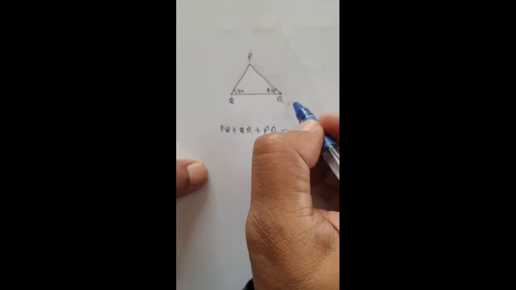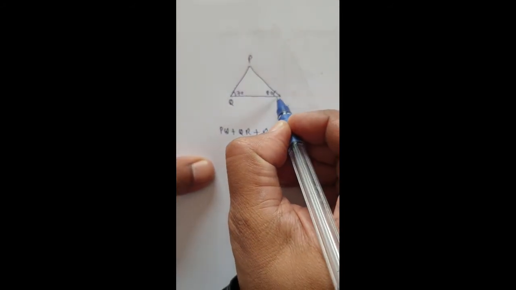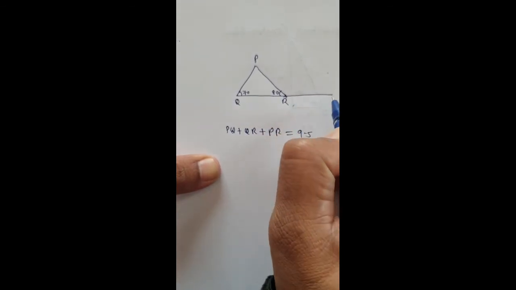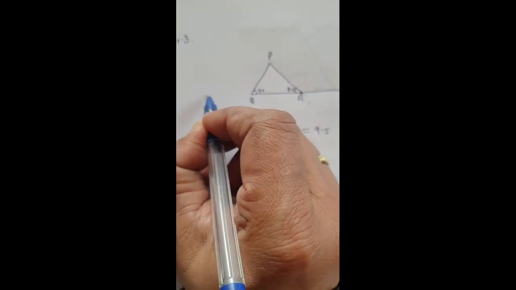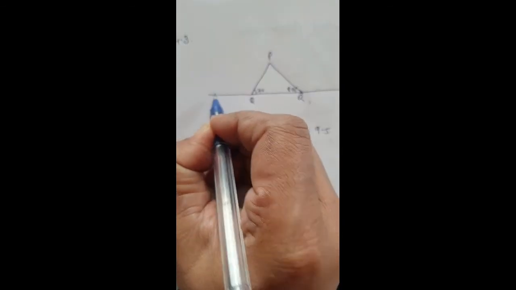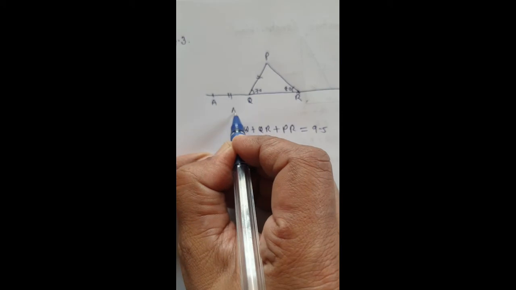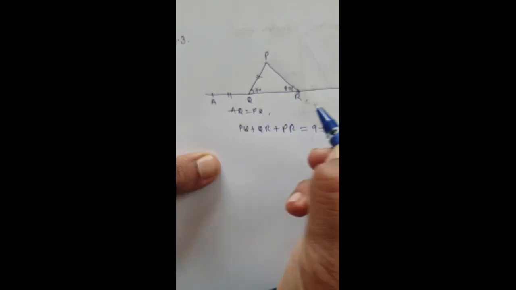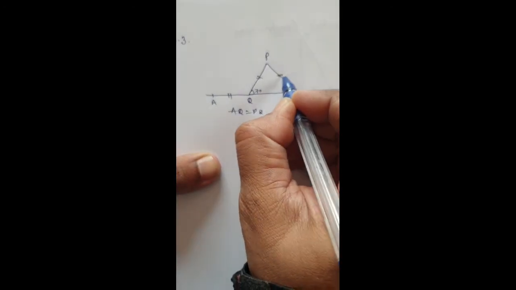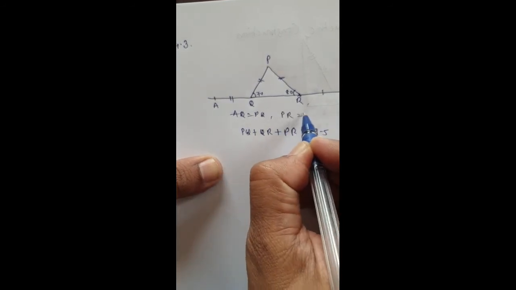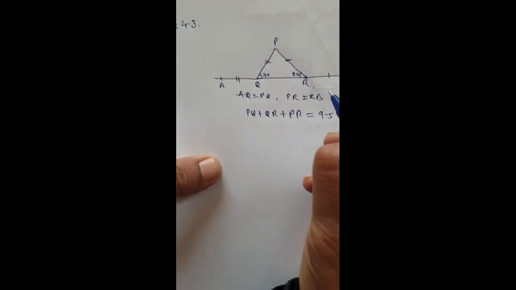So here, extend the base QR on both sides. Take a point A such that AQ equals PQ, and PR equals RB.